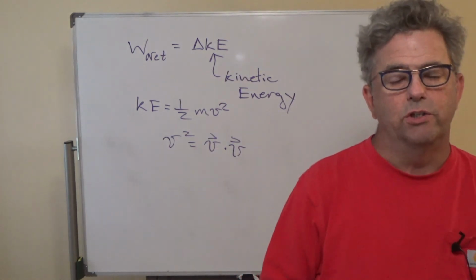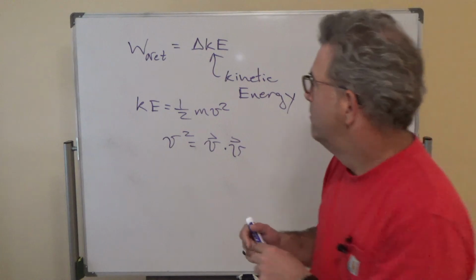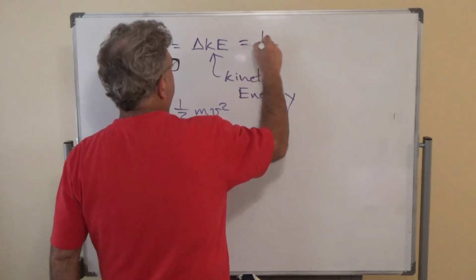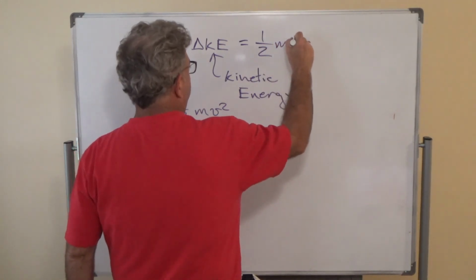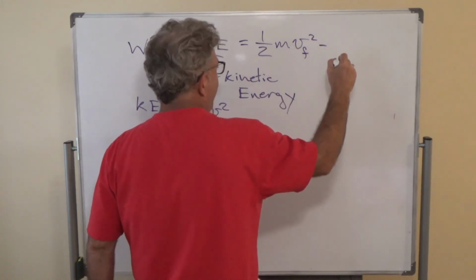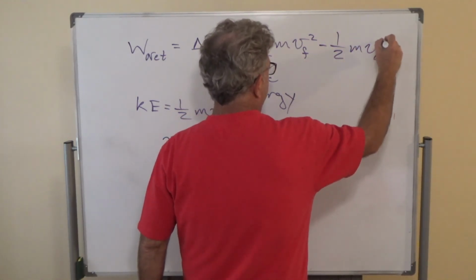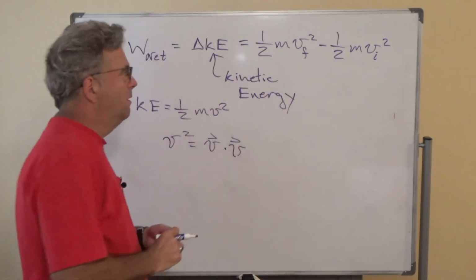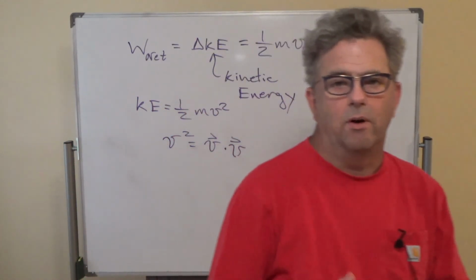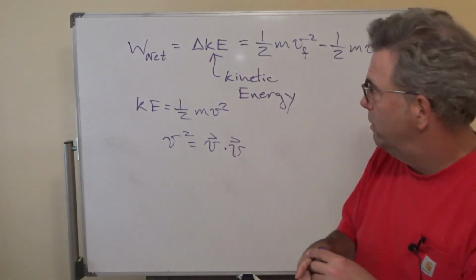And this relationship, this so-called work-energy relationship, okay, if I write it out, the change in kinetic energy is 1/2 m v final squared minus 1/2 m v initial squared. It's the change in the velocity from some initial condition to some final condition.